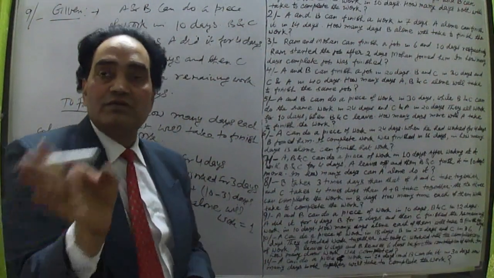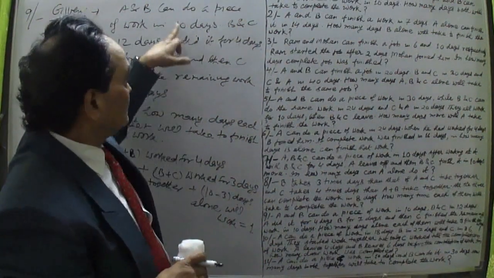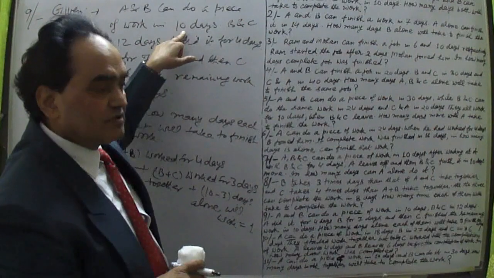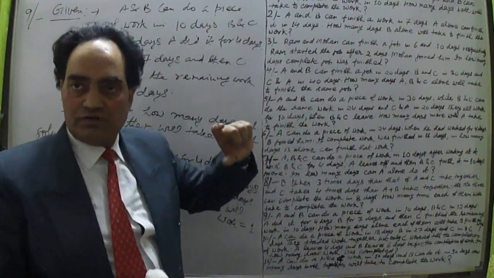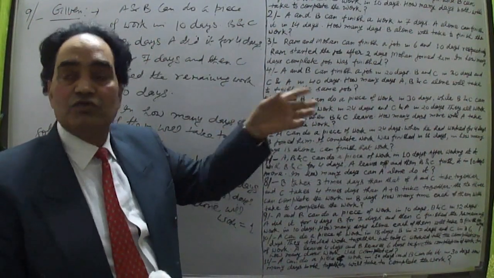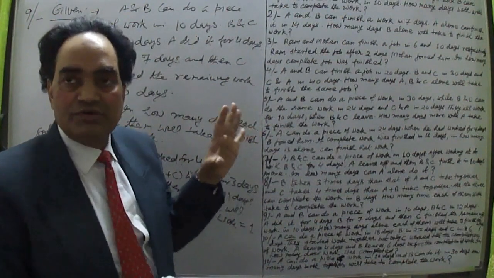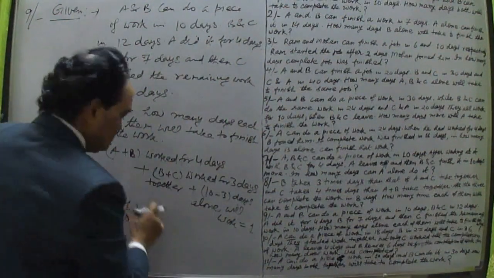For 4 days A and B work together, so 4 upon 10 of the total work is completed by A and B in 4 days.